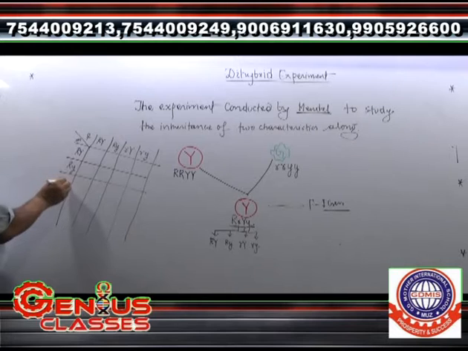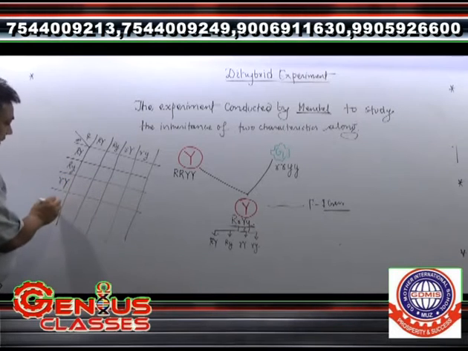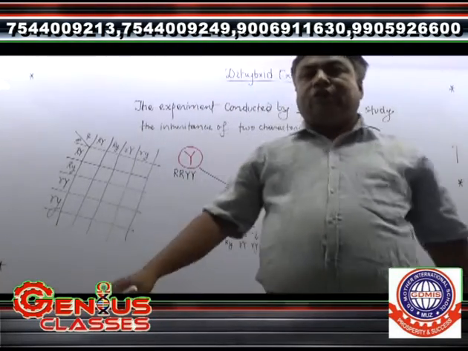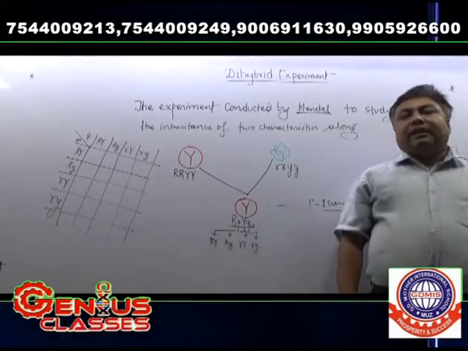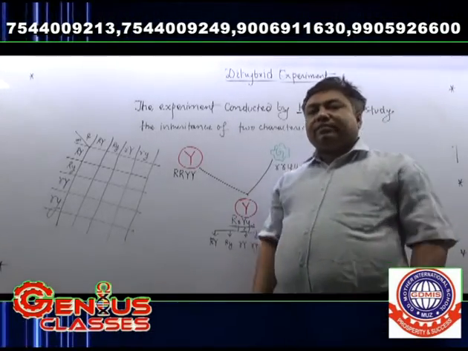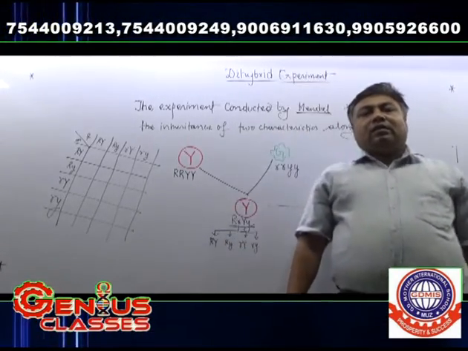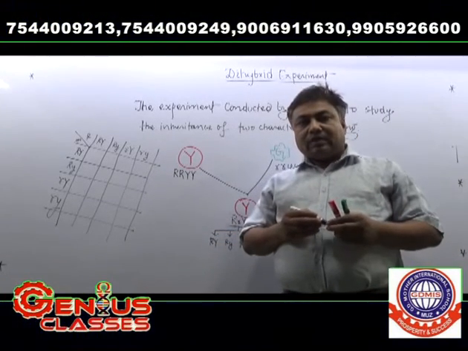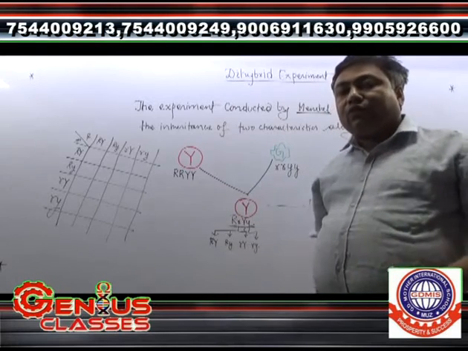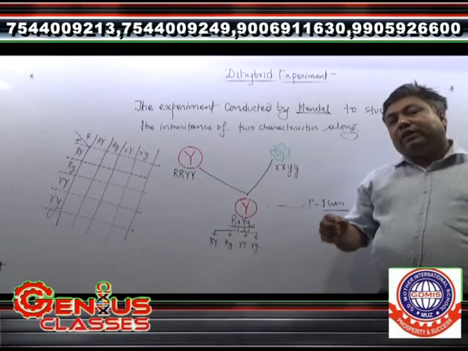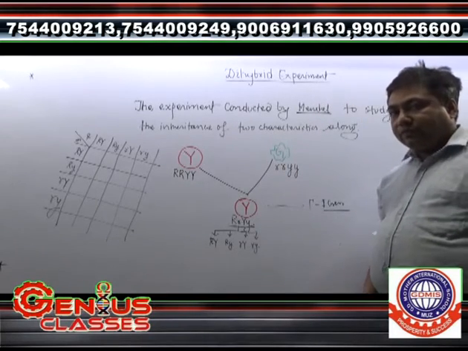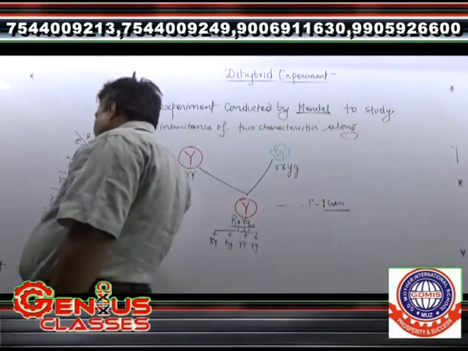Here R small, Y capital. Here R small, Y small. So this is Punnett square box, and it will present the progeny of F2 generation. On the basis of this Punnett square box, we will find out the phenotypic ratio as well as genotypic ratio.